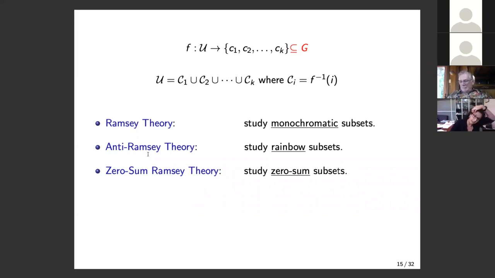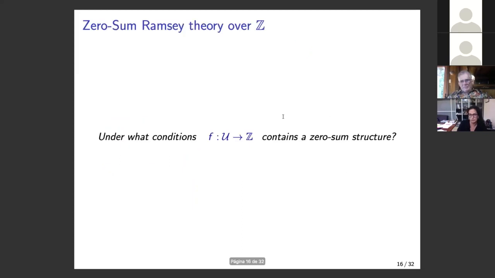But in some sense, it is similar to anti-Ramsey theory, because in order to guarantee zero-sum subsets when the group has no torsion, you need to put some restriction on the coloring, having some density in the color classes. So there is a connection here that we saw, and we said, maybe we can use our tools to prove things in zero-sum Ramsey theory over some groups that were not much studied.